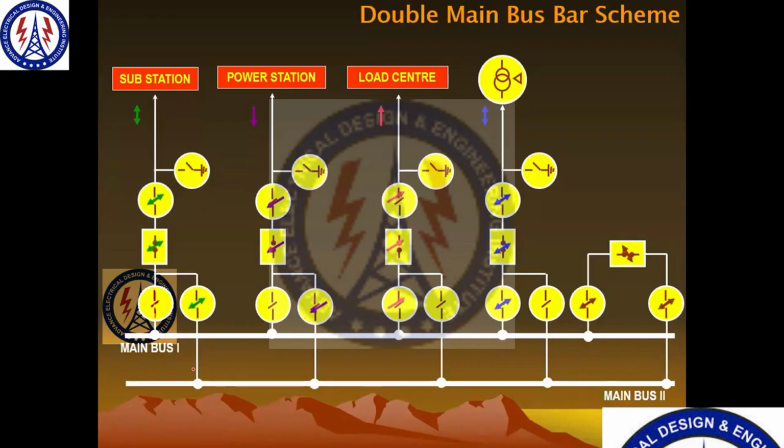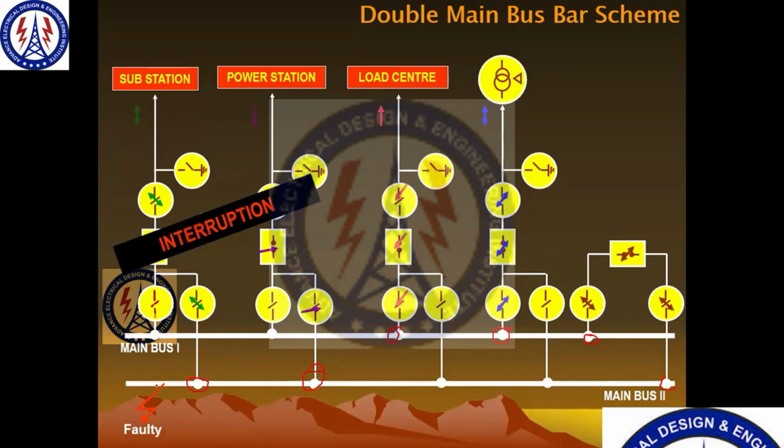Now kindly note which feeder is connected where. This feeder is connected here. This feeder is connected here. This feeder is connected here. This feeder is connected here. And this feeder is connected on both the buses. Got it? Now a fault occurs here. These two circuit breakers will automatically trip, because these are getting the power.